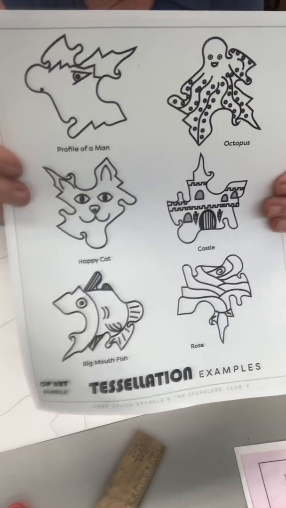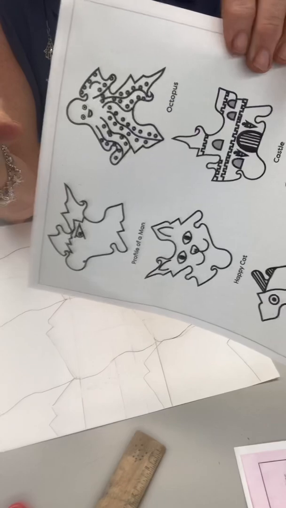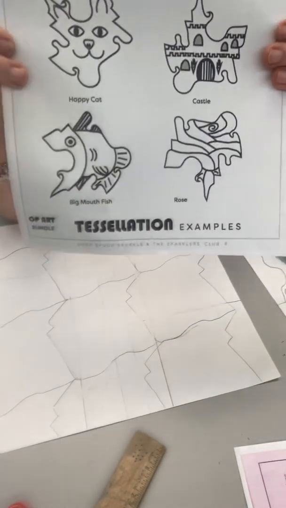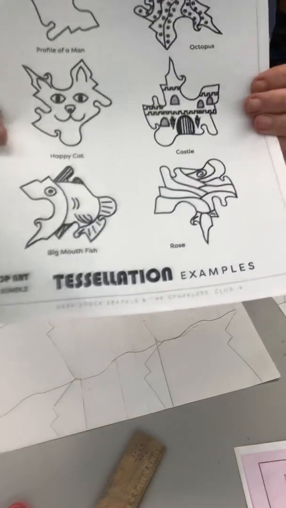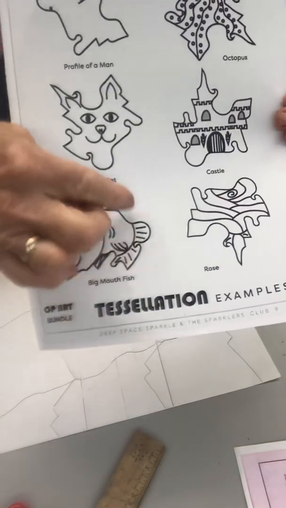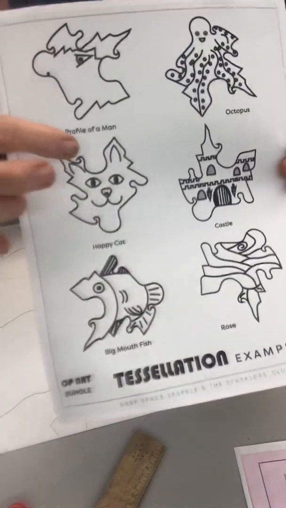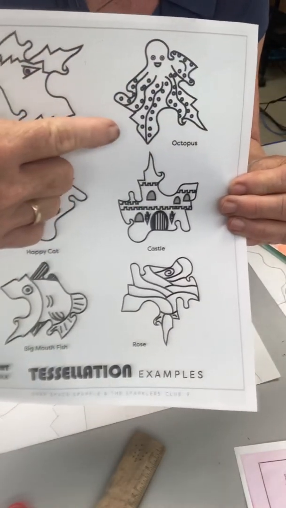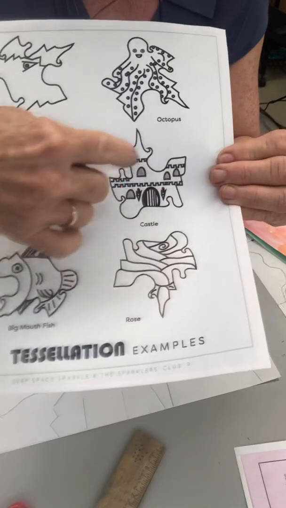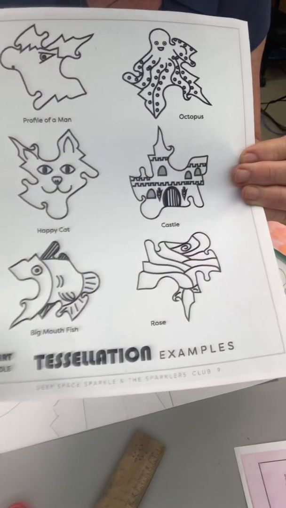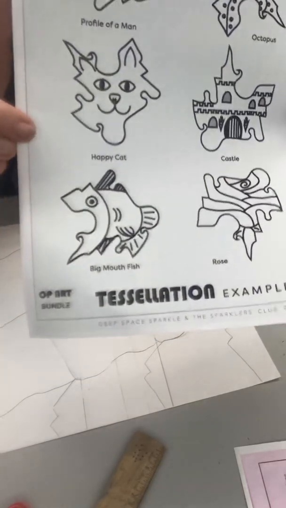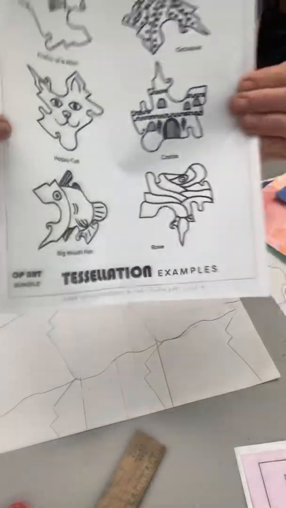So this is the same tile, just turned a couple different ways. And see all of the ideas that came from one tile. Notice all the extra lines that are drawn to give it detail, okay? Especially the octopus. I love all the lines in this castle.